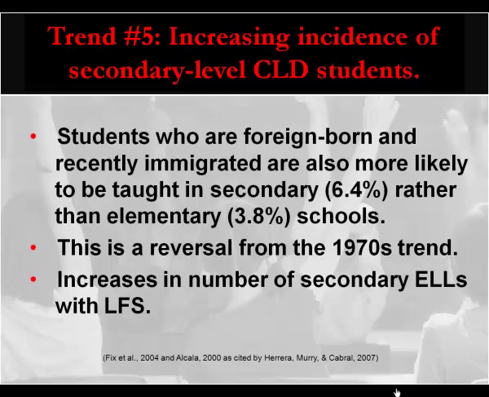Trend 5, increasing incidence of secondary level CLD students. Students who are foreign-born and recently immigrated are also more likely to be taught in secondary rather than elementary schools. This is a reversal from the 1970s trend.